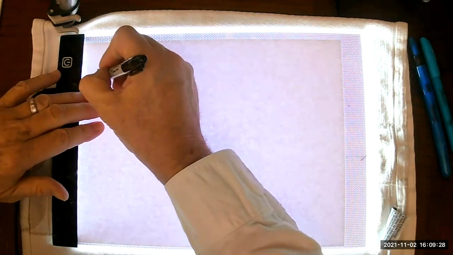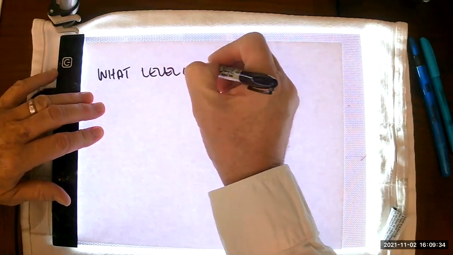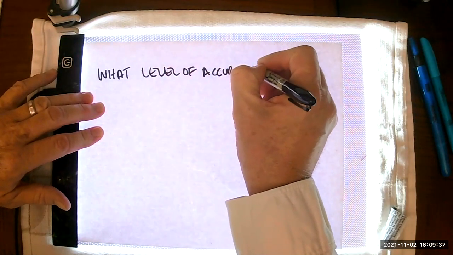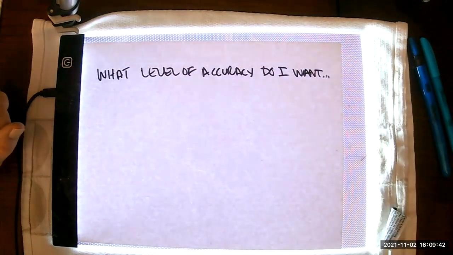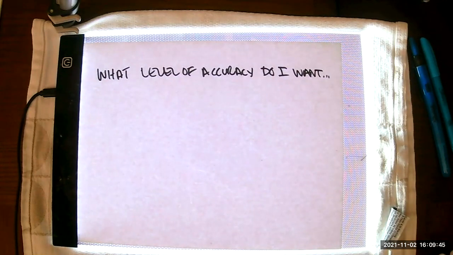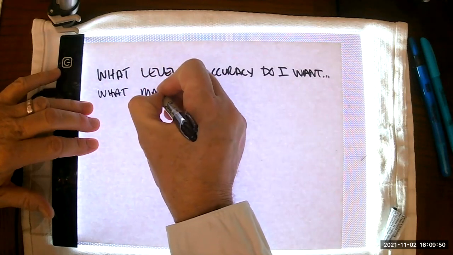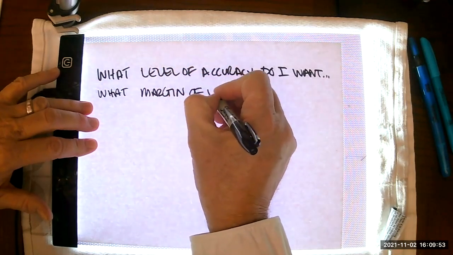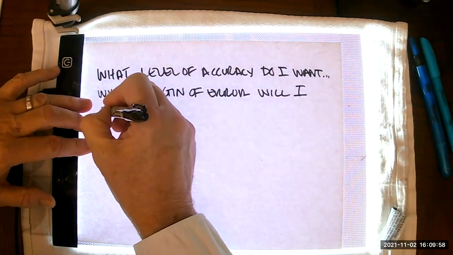Now, once I know what that level of confidence I want to attain is, then I also need to know what level of accuracy do I want? In other words, what margin of error will I accept?